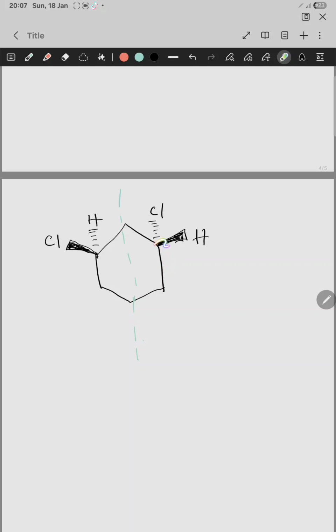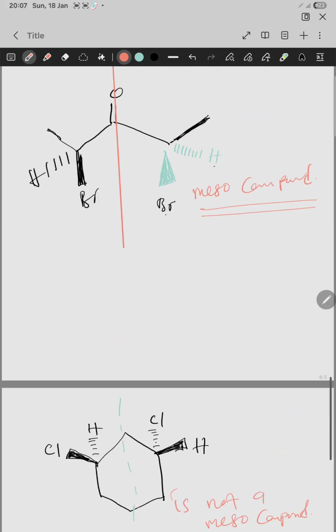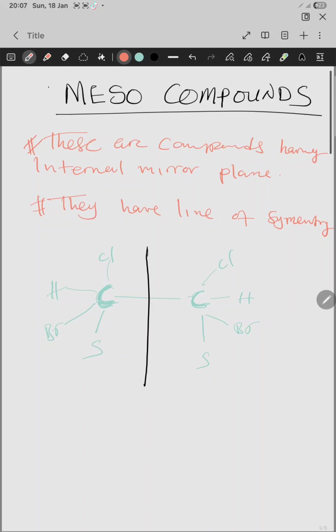So if you find that you have the same attachments on a cyclic but different orientations of the atoms, then this compound cannot be a meso compound. So this one is not a meso compound. I've explained the reason why. So basically, that's how you should be able to know if a compound is a meso or not.